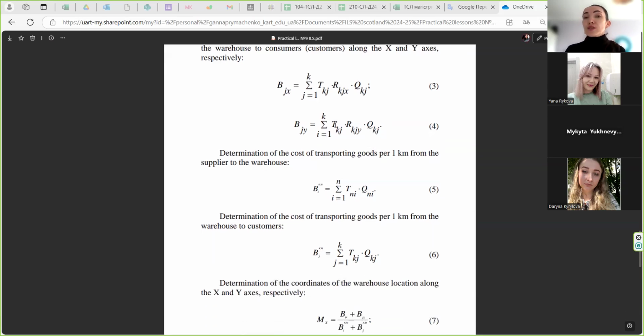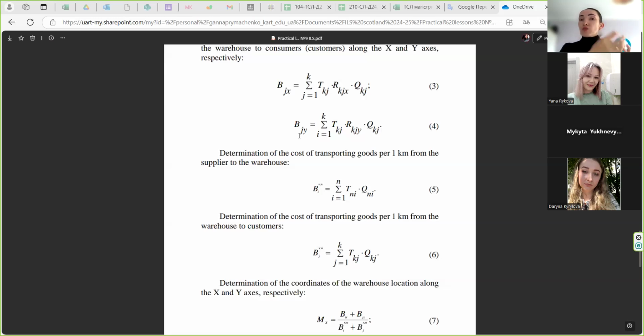It is also the same. We use tariff, we use distance, we use volume of cargo for axis x and for axis y, but now for our clients or our customers. So please write on your paper or in your documents B with index JX. We used E from customer to our manufacturer.